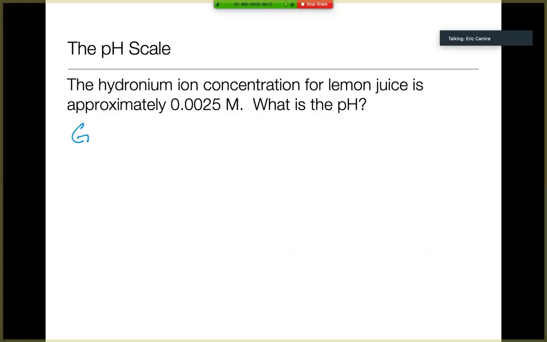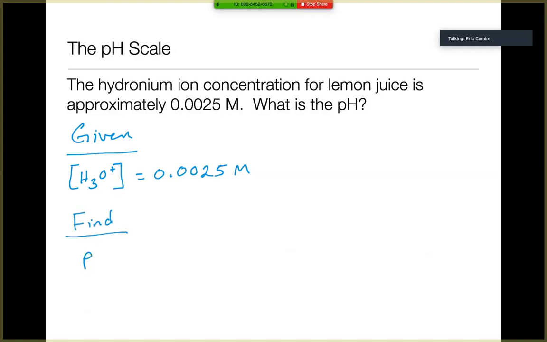So I'm not given too much information. Given, I have a concentration, and I'll make the very reasonable assumption that when something says hydrogen ion concentration, which is common to say, we're talking directly about hydronium. So we know our concentration is 0.0025. I'm being asked to find the pH of this solution.